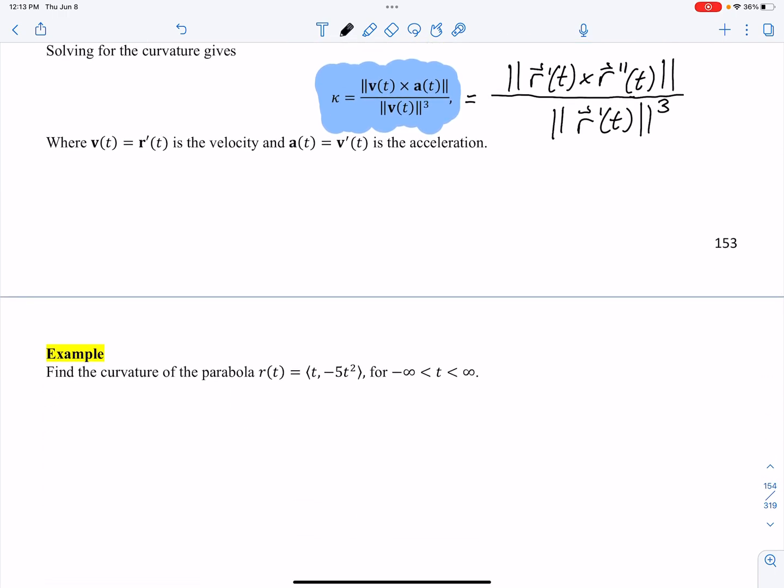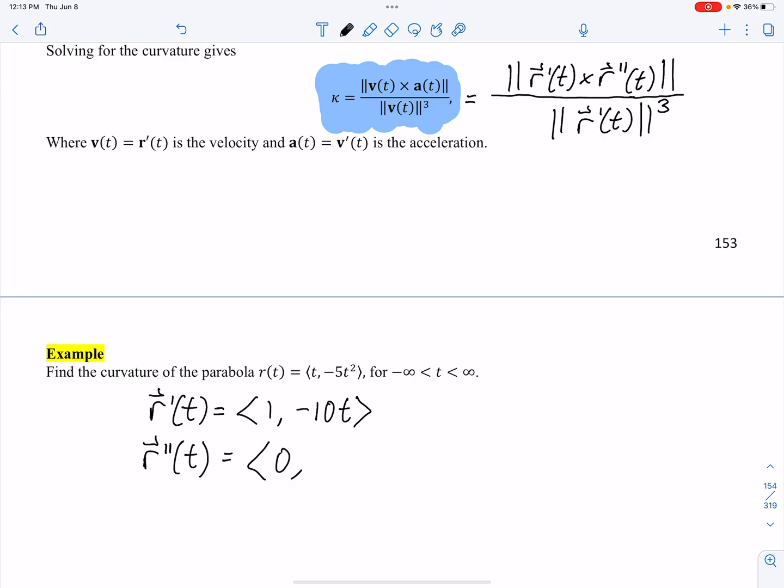Okay, find the curvature of the parabola. There's my function for all real numbers t. Using my formula above, I need the r prime and r double prime, so let's go ahead and do that. So r prime, this is what's nice, those are both polynomials, because r prime is 1 and then negative 10t. And then I have r double prime, I got 0, negative 10.